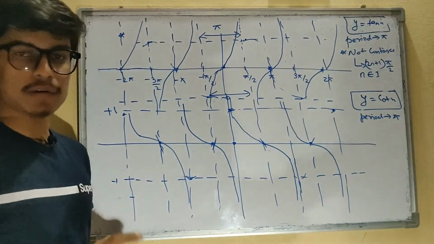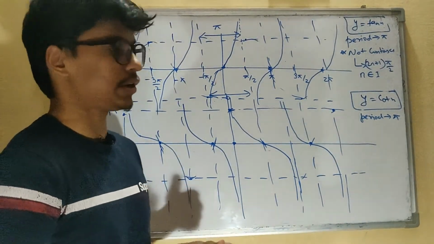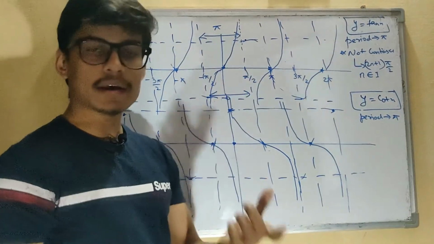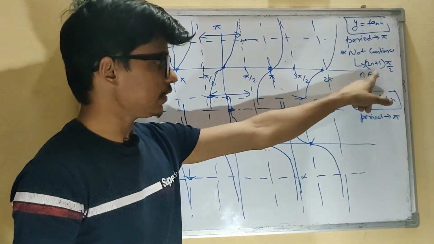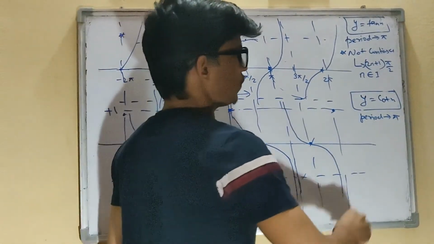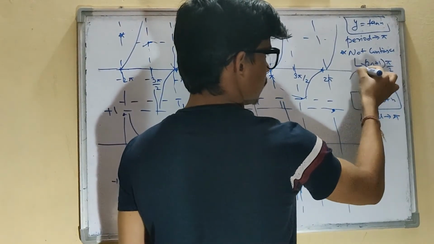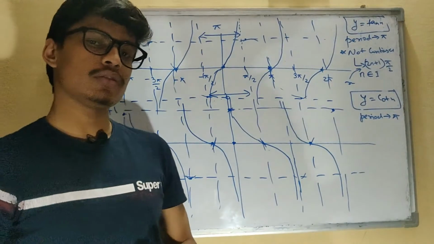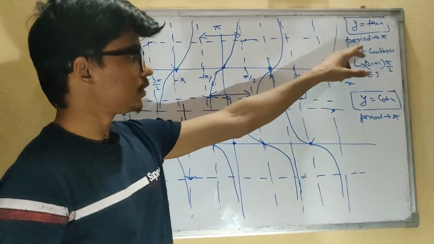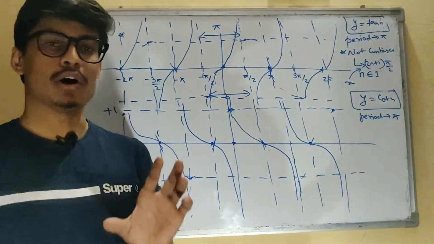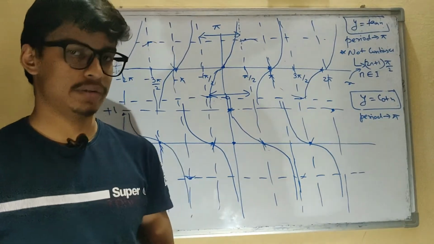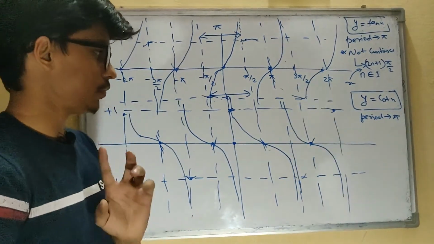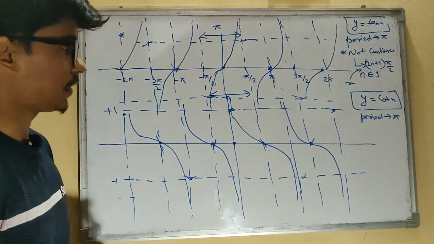So n could be minus 1, minus 2, and so on. For any value of n, this is the value of x. For all such values of x, y equals tan x is not defined, or you can say that it is not continuous. Okay, so please remember that point.